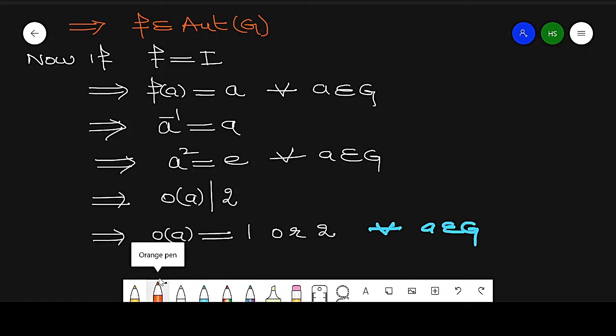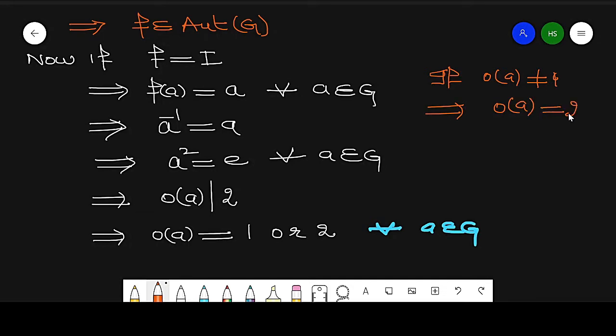Now if the order of a is not equal to 1, then a is a non-identity element and its order is 2.